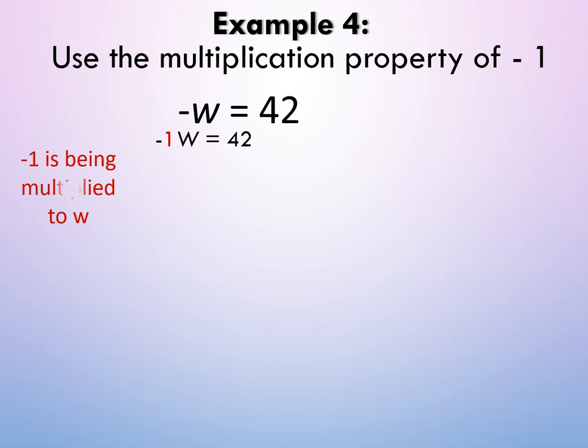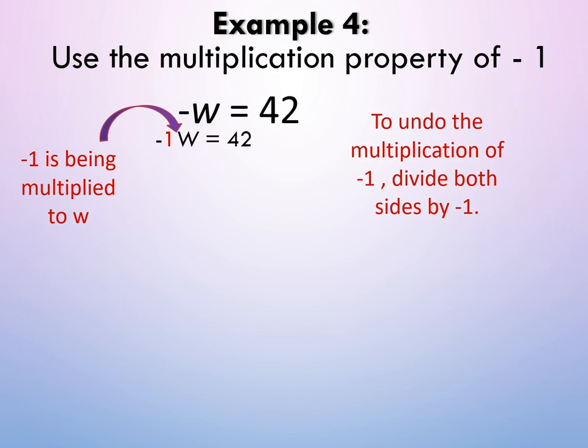So when negative 1 is being multiplied by w, to undo the multiplication of negative 1, we're going to divide both sides by negative 1. So negative 1 divided by negative 1 just gives me simply a w, because negative divided by negative is a positive, and 42 divided by negative 1 is negative 42.